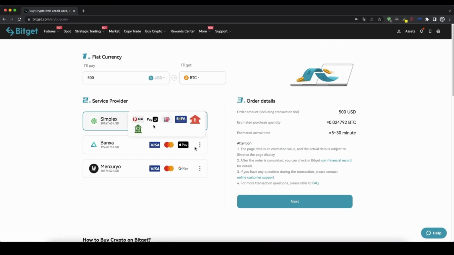You will have to expect 3 to 5%, if not even higher. So especially if you want to deposit larger amounts, I would recommend you use another fiat on-ramp exchange, if you have one, for example Coinbase, there are many others. There you will have much lower fees converting your fiat currency into crypto, and then you can simply send your crypto to Bitget. So that's the way I would recommend it.